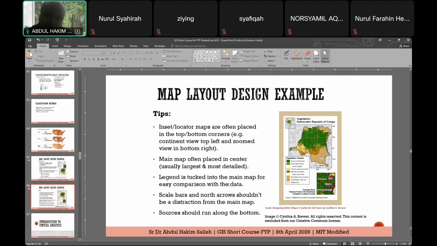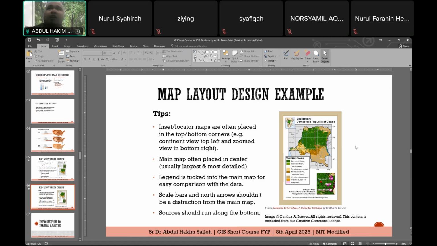For example, here it shows colors. So for those who look at this map, they want to refer to the legend quickly and easily. That's why this legend must be big enough and close enough to the image, so that it can be referred to quickly.